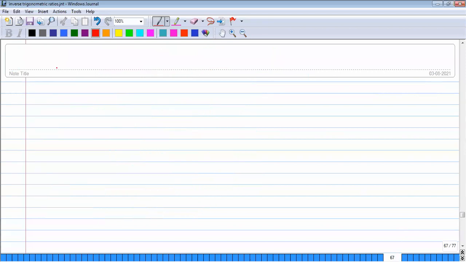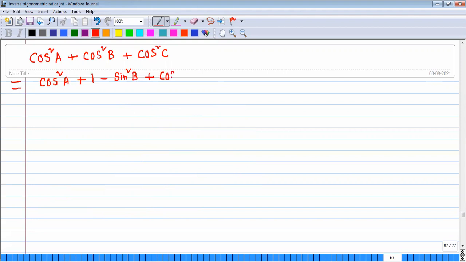So we have now cos square A plus cos square B plus cos square C. Now I would like to write this cos square B in terms of sine. So we can have cos square A plus 1 minus sin square B plus cos square C. So let us rearrange the terms of this one now.